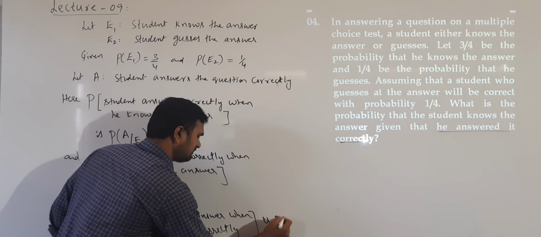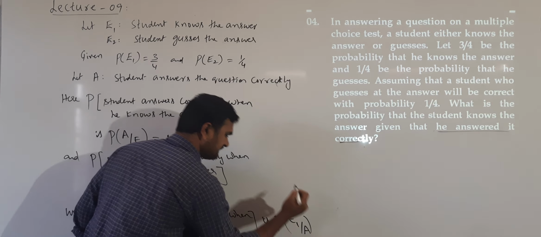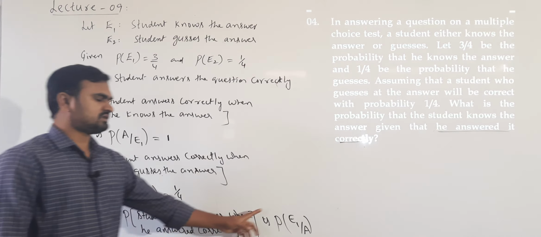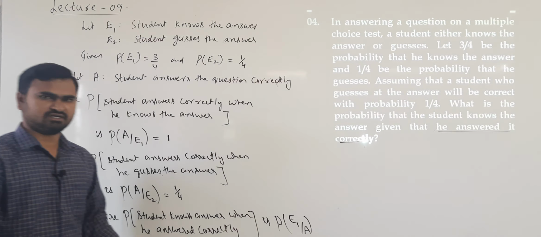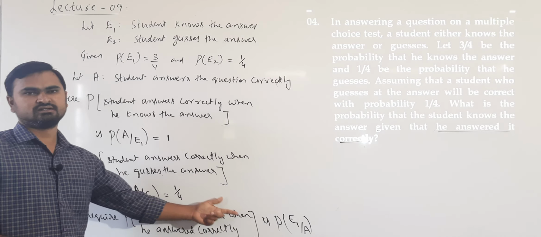We are interested in getting E1 given that he answered correctly. So we have to find P of E1 given A. Understanding? If we interchange the terms, the meaning of probability will change.